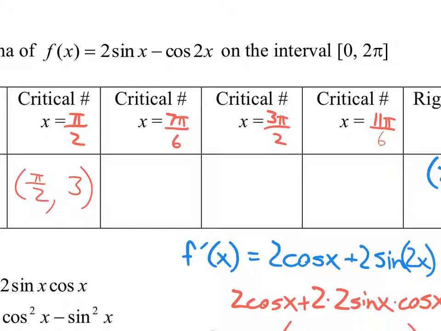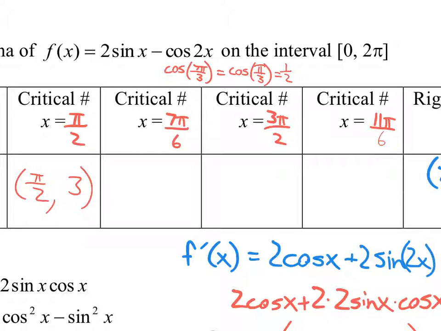Let's see what the other points are. Sine of 7 pi over 6 we already know was a negative 1/2. And then cosine of 7 pi over 6 times 2 is going to be 7 pi over 3. This we have to think about a little bit. Cosine of 7 pi over 3, that's past our 2 pi, so that's the same thing as cosine of pi over 3, which is 1/2.